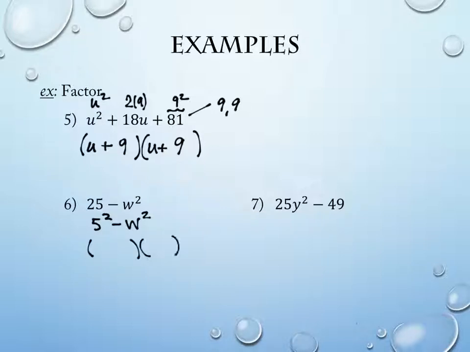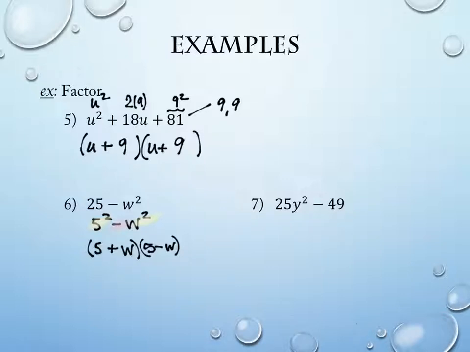And because it is a difference, subtraction, of terms that are squared, it's a difference of squares. Super descriptive terminology, right? Difference of squares. Okay, cool. So what does it mean I do? Well, it means I have 5 and W, because those are the terms being squared. One's positive and one's negative.